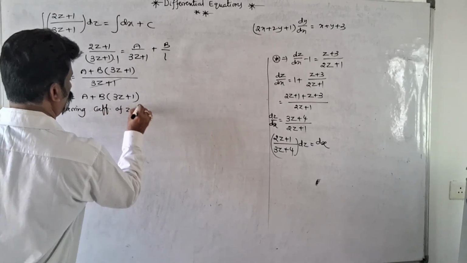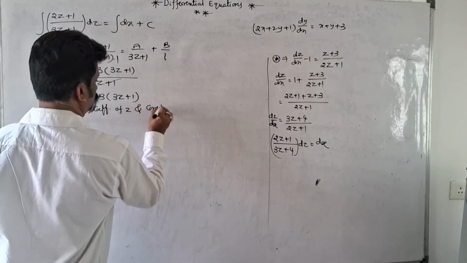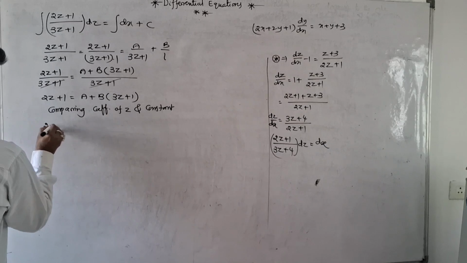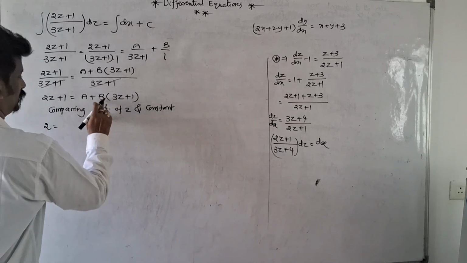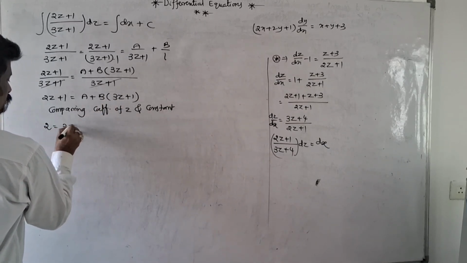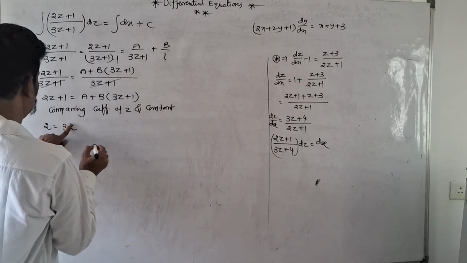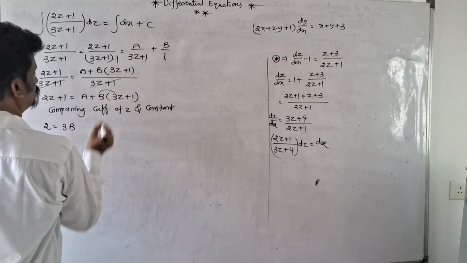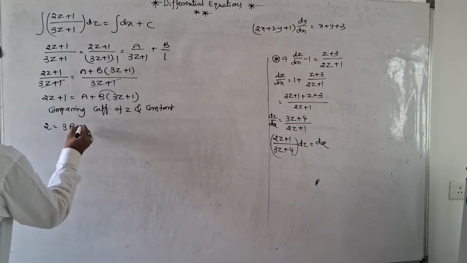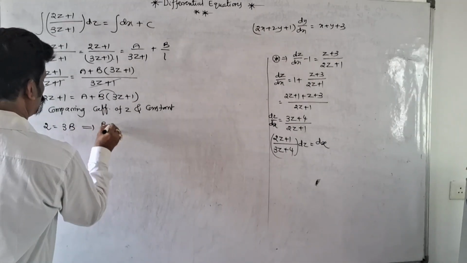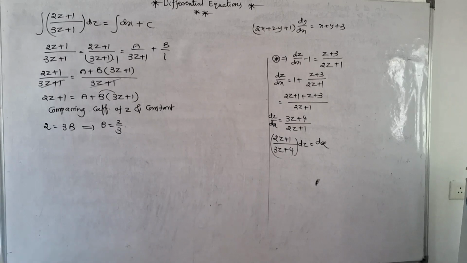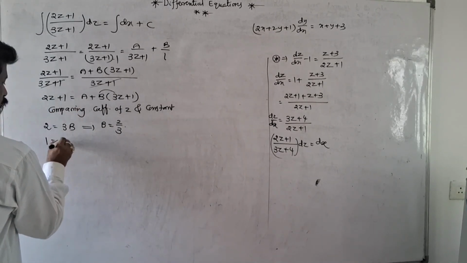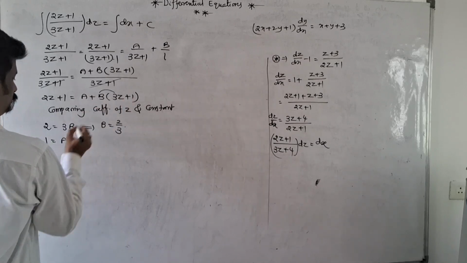Coefficient of z is equal to how much? 2 is equal to 3B. This one is 3, so that implies B is equal to 2/3. Now what about the constant? Left side is equal to 1. Right side is equal to A + B into 1.